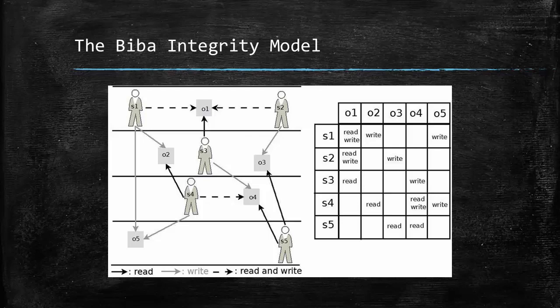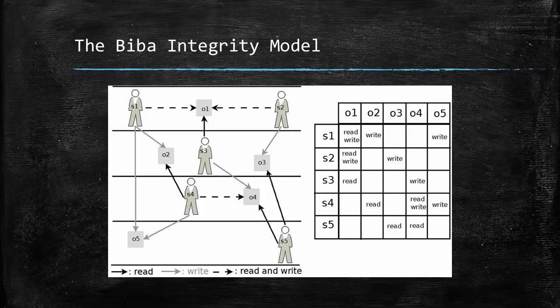They are also able to write to data that are below them, as you can see from object 2 and object 3, as well as object 5. However, the user at S5 only has reading capabilities to object 4 and object 3.